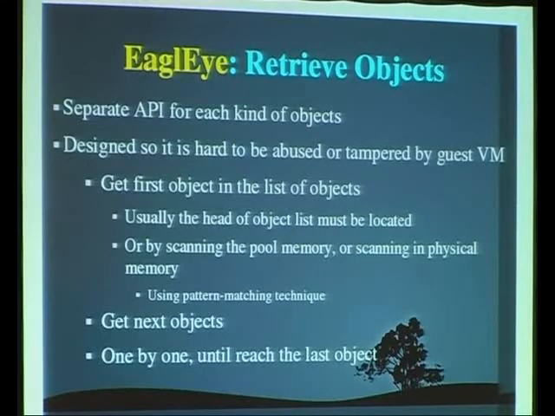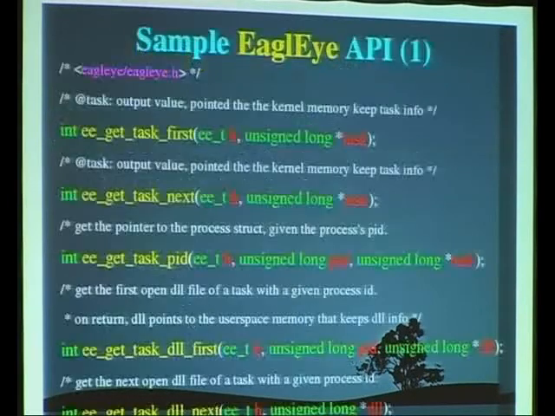We design the API so that you can get the first object in the list of objects. For example, you want to get the list of all the kernel modules inside the virtual machine. You call one function to get the first kernel module, and after that you have another function to get the next kernel module inside the list, and so on. You repeatedly call that function to get the next object until you reach the last object.